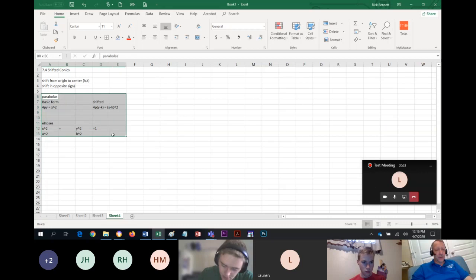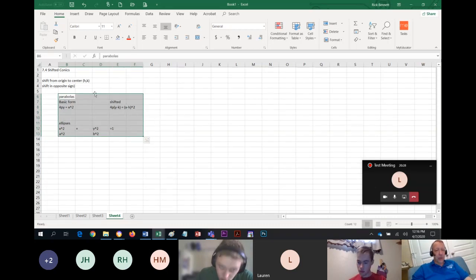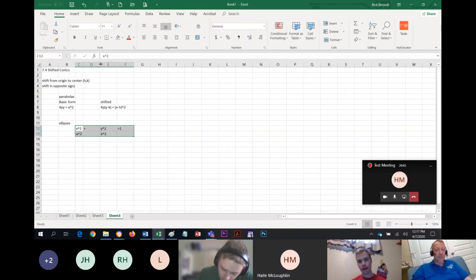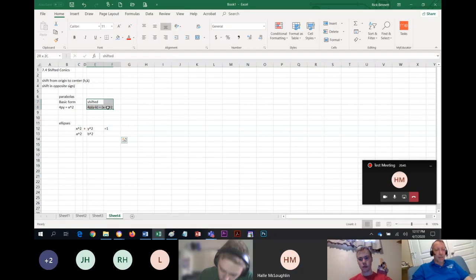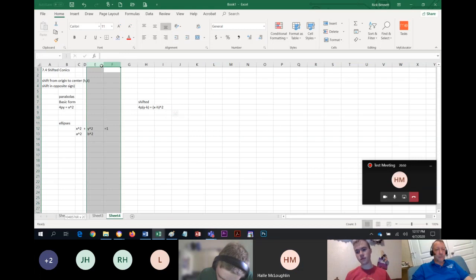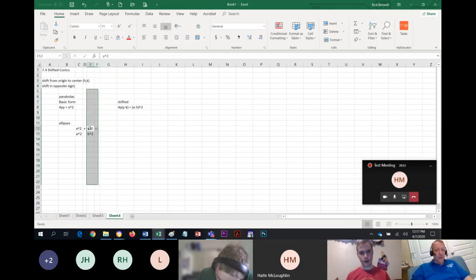I'm going to move these all over just one cell to make this a little easier for myself. And then we'll underline these so they look like fractions.